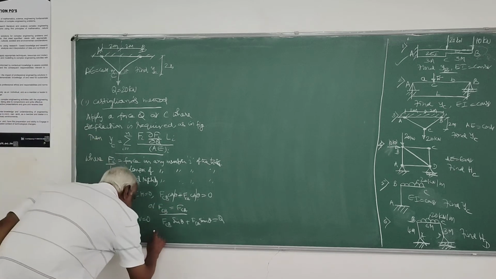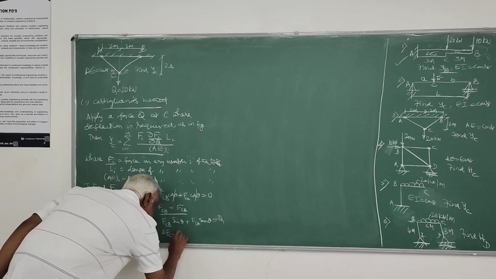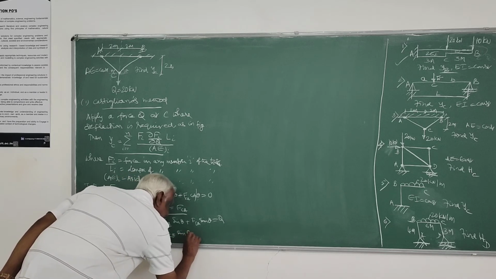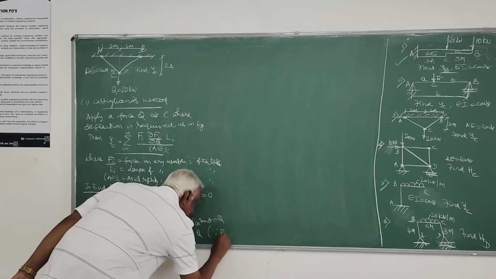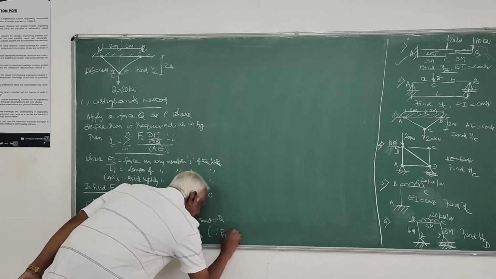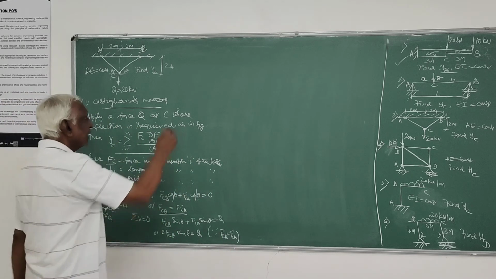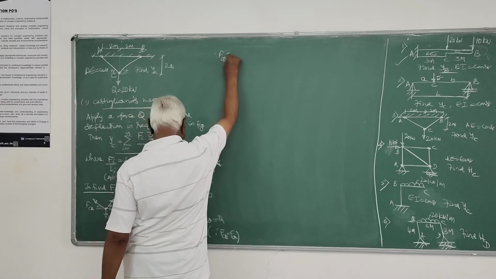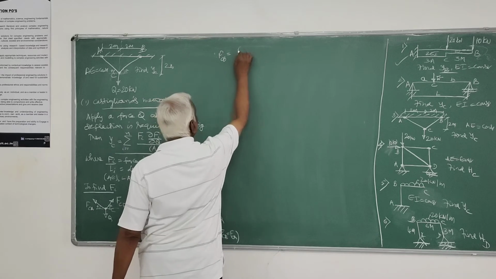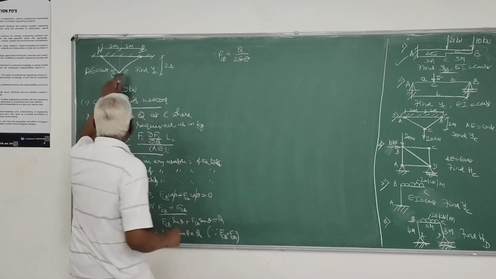Right? And FCB is equal to FCA. So you can say twice FCB sin theta is equal to Q, because FCA is equal to FCB. That is from the previous equation. Therefore, FCB is equal to Q by 2 sin theta. What is sin theta?